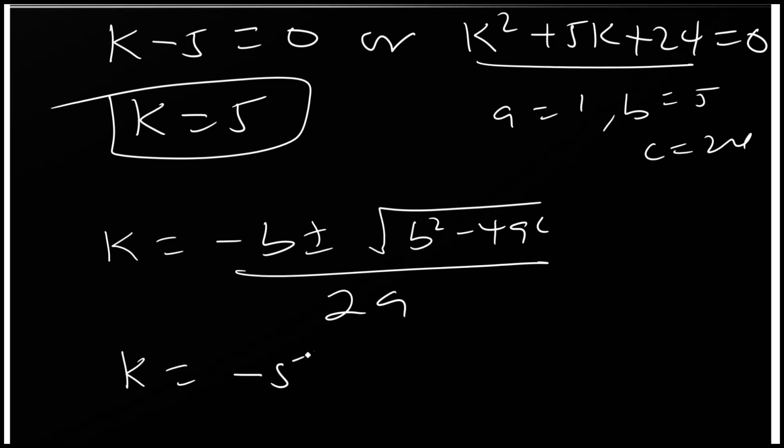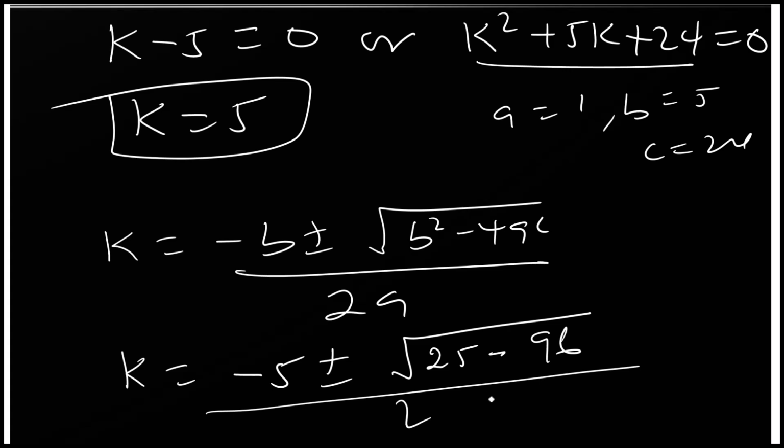So we have minus 5 plus or minus the square root of b squared, 25, minus 4 times 1 times 24, all over 2 times 1. 4 times 24 will be 96.